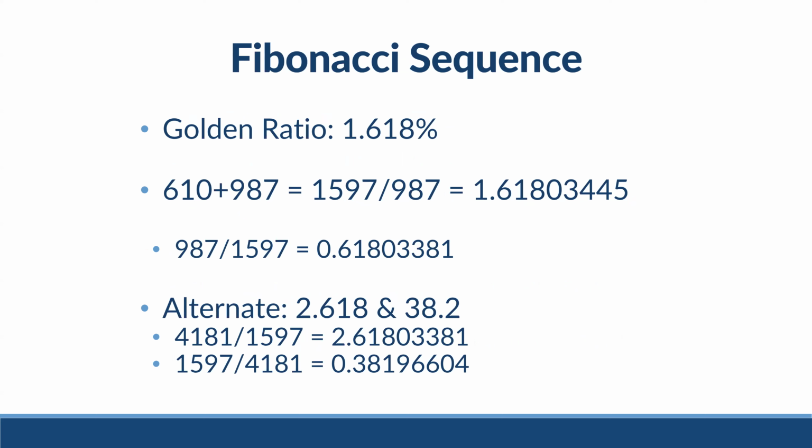The golden ratio really can be found in all kinds of things. It's not just trading. If you've done any research on it, it's literally in all forms of life out there. It can be found in leaves, seashells, pine cones, pineapples.